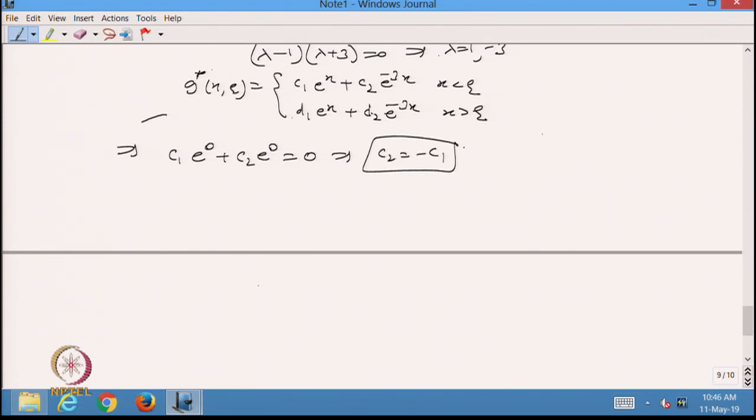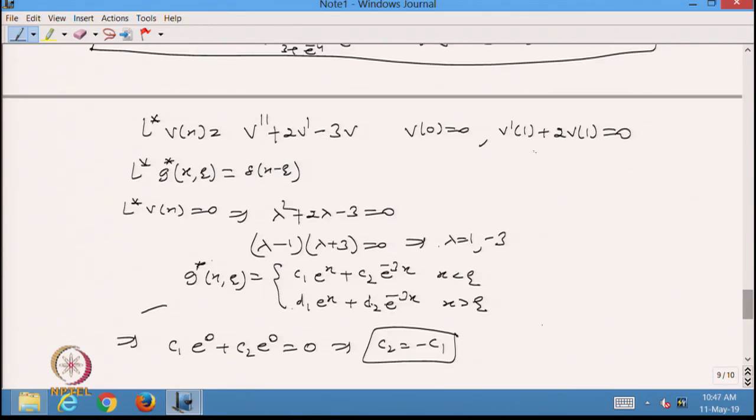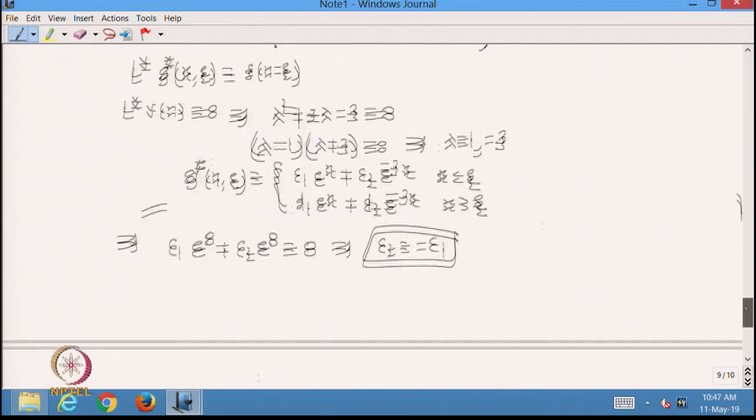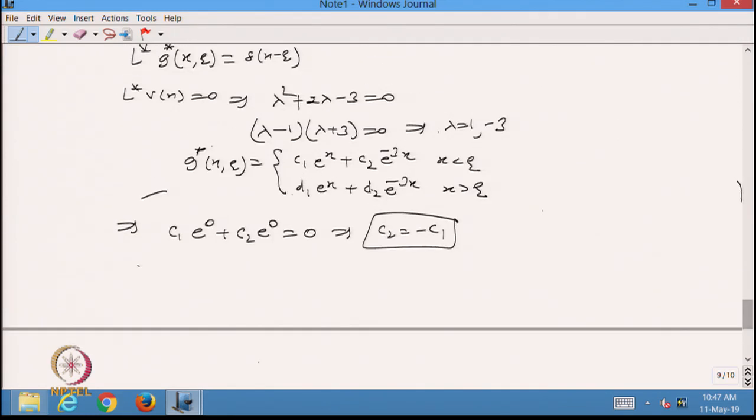This is the value at 0, and then we also have the condition V dash 1 plus 2 V 1. So, I take the derivative of this one. This will be d1 e to the 1 minus 3 d2 e to the minus 3, that is V dash at 1, plus 2 times V at 1.